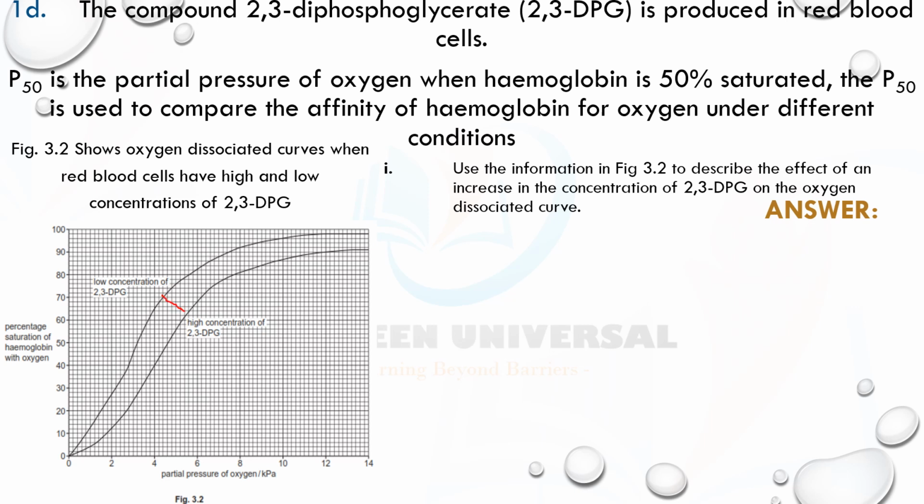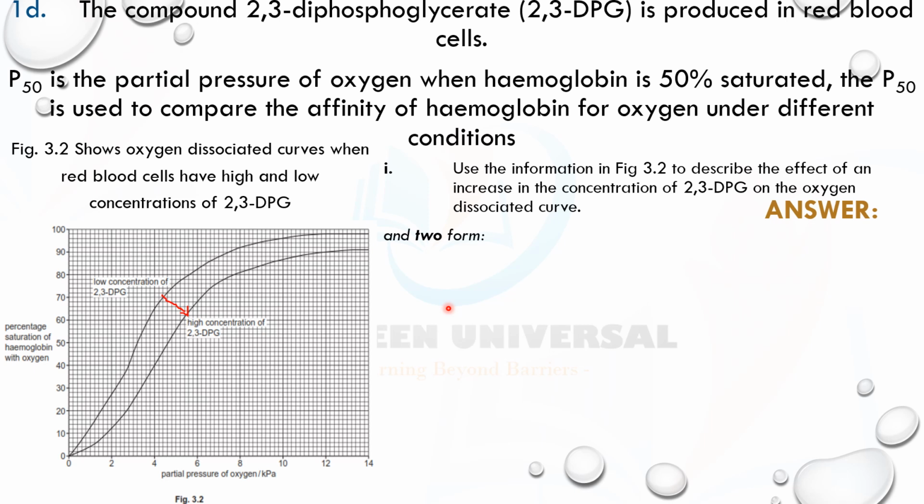That means the graph is now below. So less oxygen combines with hemoglobin, because at low concentration it has higher percentage saturation, and at high concentration it has lower. So less oxygen combines with hemoglobin if you increase the concentration of 2,3-DPG.